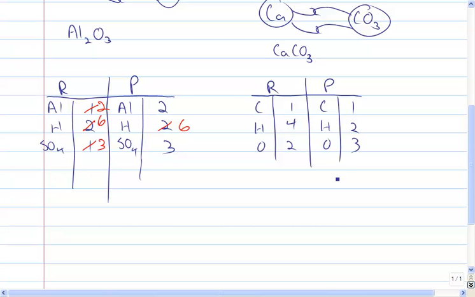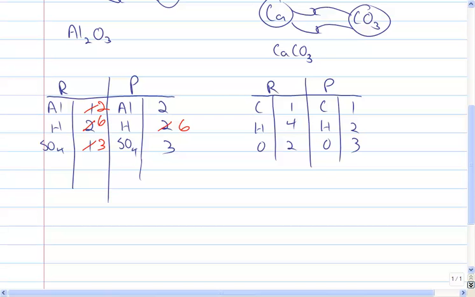Another thing I'm going to do, which we didn't have to do with the last one: you need to kind of recognize this. The only way I can balance these is by finding a number and multiplying it by the number I have, because those coefficients only multiply things.